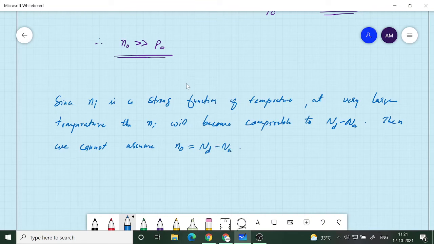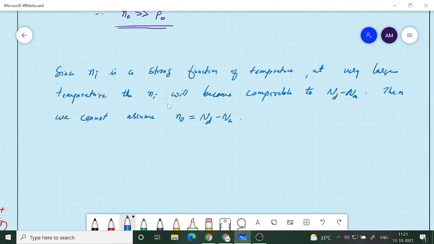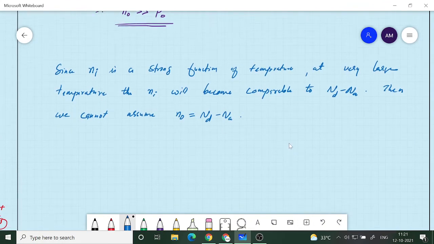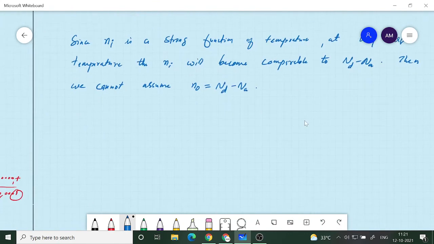Then we need to use that formula, but otherwise we don't need to use that quadratic solution. If there is at least 2 orders of magnitude difference between Ni and Nd minus Na, then we can just assume that N0 is equal to Nd or Nd minus Na, etc.